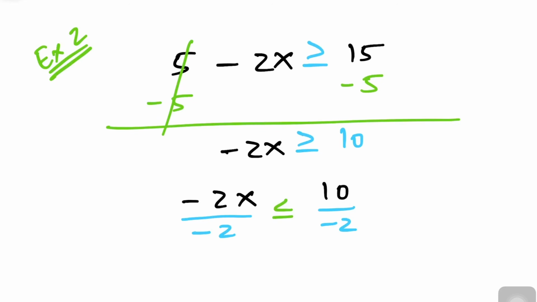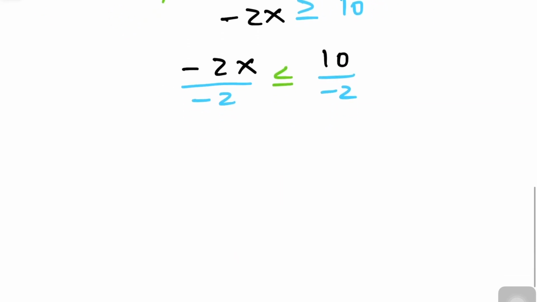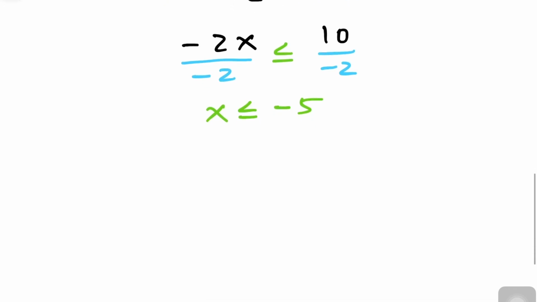Whenever you multiply or divide any inequality by a negative number, the sign will change, okay? All right, let's take a look. So negative 2 cancel each other out. So I have x less than or equal to negative 5, okay?